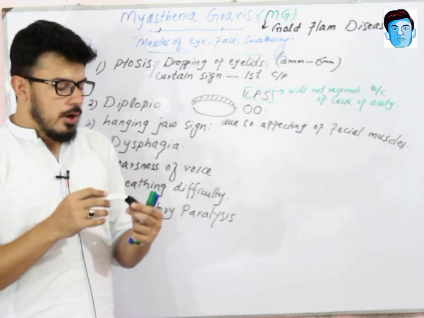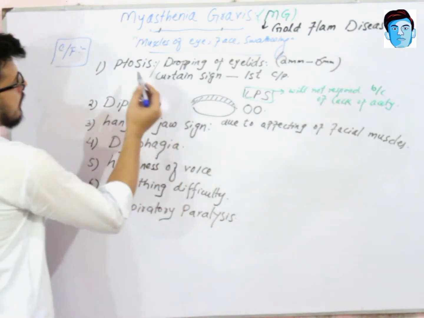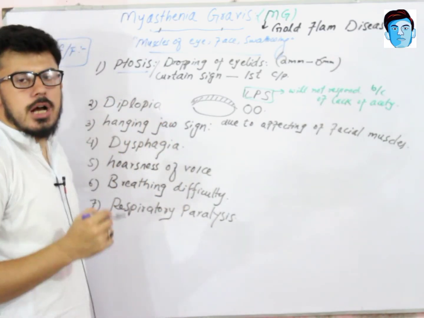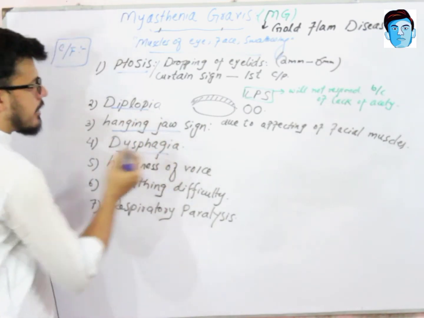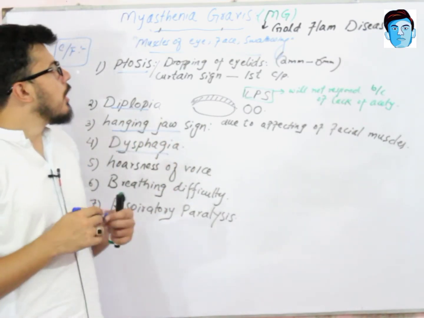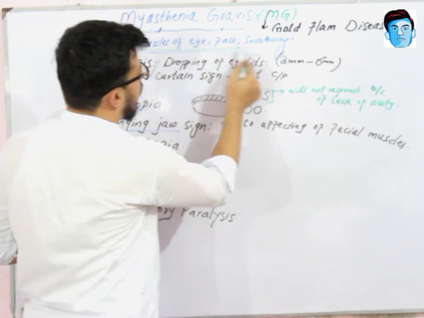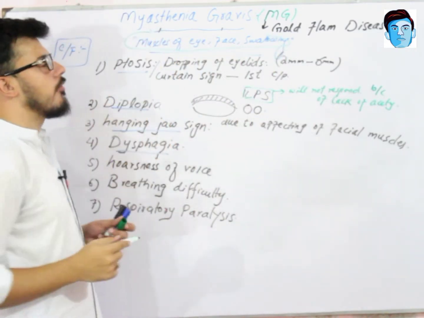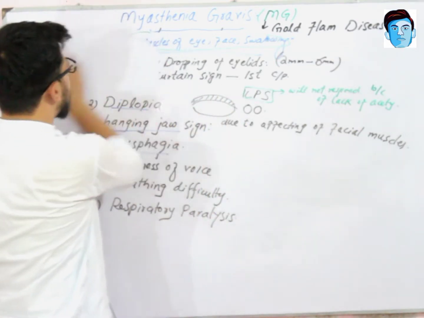So what are the most important signs and symptoms of a patient? The first is ptosis, which is also called the curtain sign, then diplopia, hanging jaw sign, and dysphagia. Always keep in mind that the muscles of the eye, face, and swallowing are usually affected in myasthenia gravis. Now let's discuss the diagnostic evaluation.